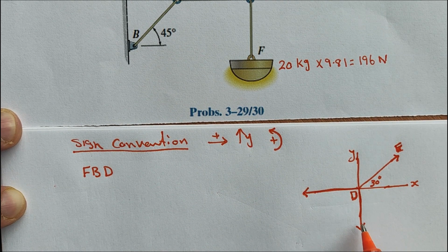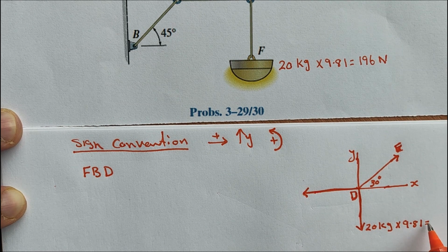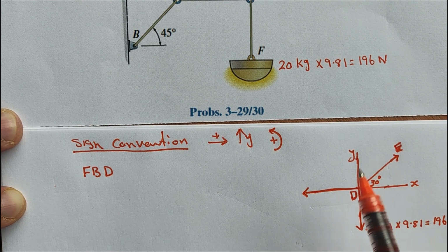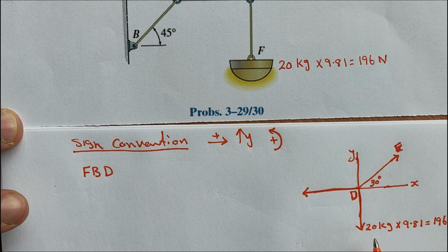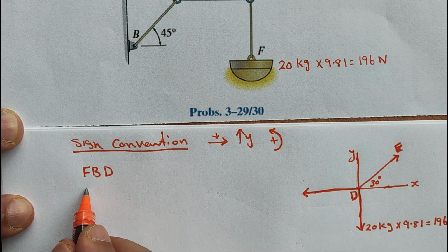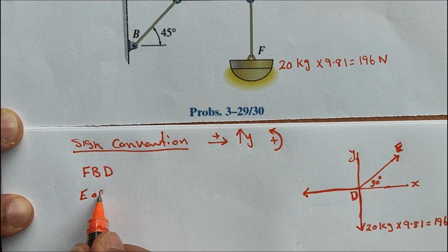It's 20 kilogram mass, multiply that by 9.81, which will equal 196 Newton. Once we finish with our free body diagram, we try to apply the equations of equilibrium.